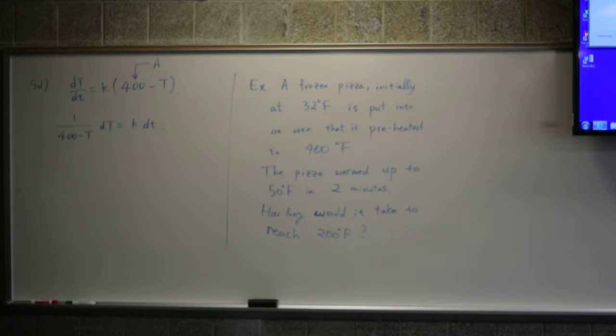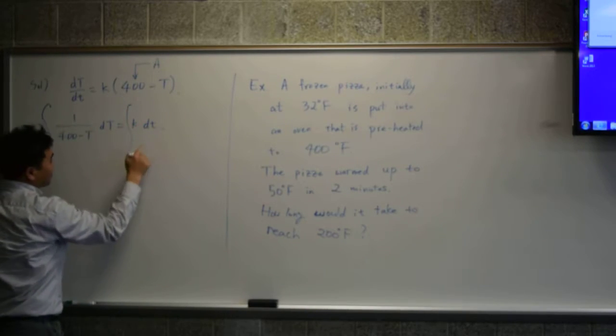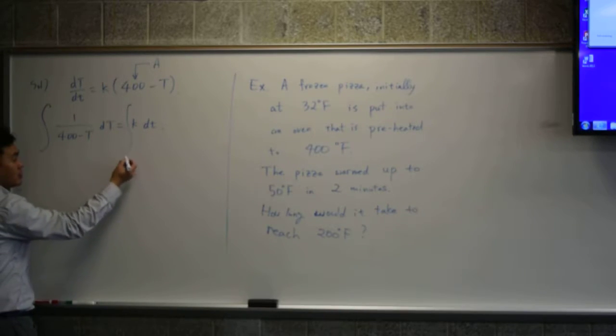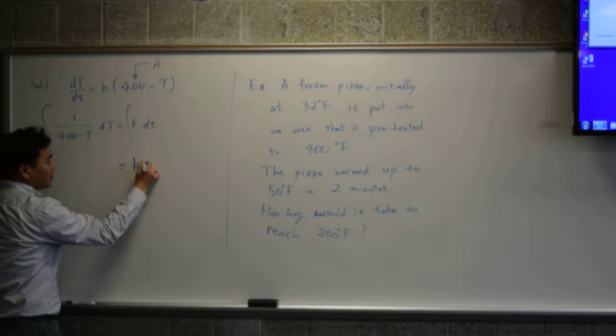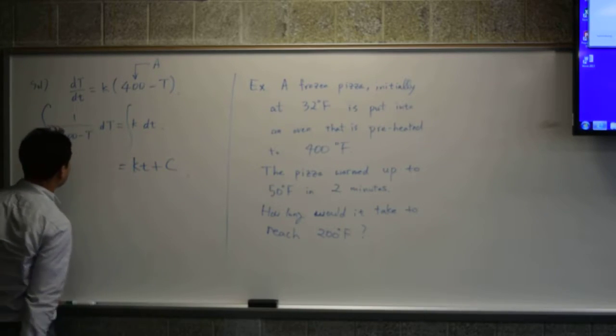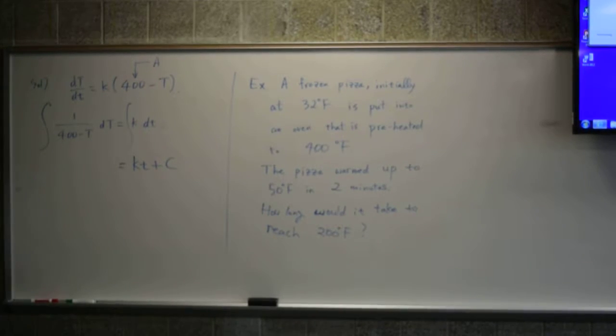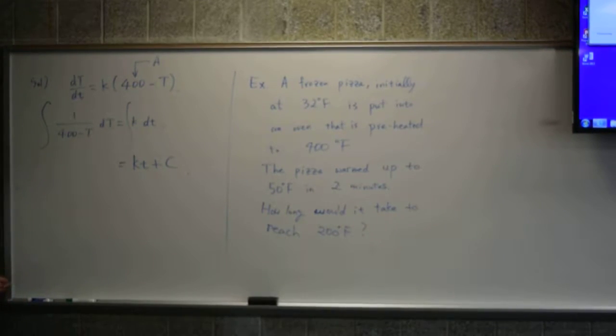What next? What do we do? Integrate. Yeah. The right side is easier. Let's do this first. What's the integral of k dt? kt. Now this one, let me tell you another very handy formula you should memorize.